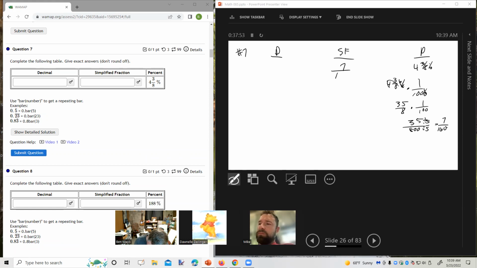So 7 over 160. As a decimal, I could take 7 divided by 160. Let's see, that's going to go in 4 times, 640, 600, 3 times, 480, 120, or let's see, 1200 rather.